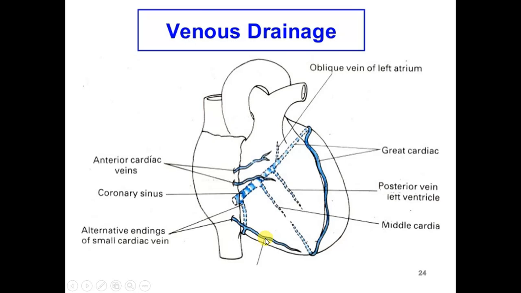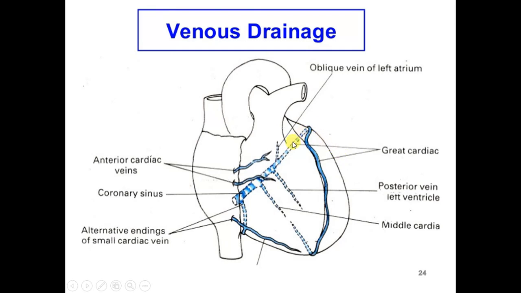Here you see the marginal branch, along with which runs the vein, and it enters directly into the right atrium as the small cardiac vein. But mainly here you see the vein running along the anterior interventricular artery, the great cardiac vein, which is going upward, receiving tributaries.